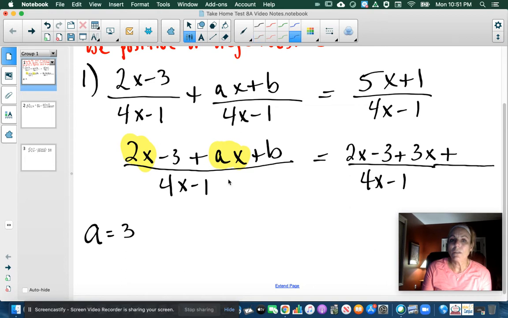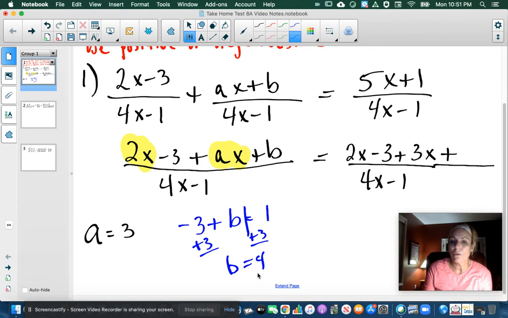Now, there's a couple ways to do this. You could think through it, or you could say, okay, negative 3 plus B, whatever B is, that equals 1, and solve. Add 3 to both sides. B is equal to 4.